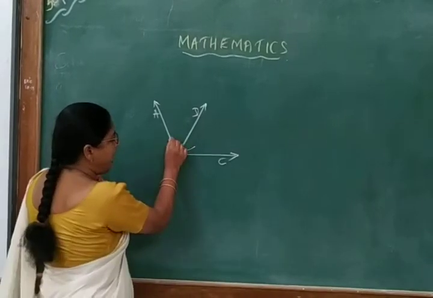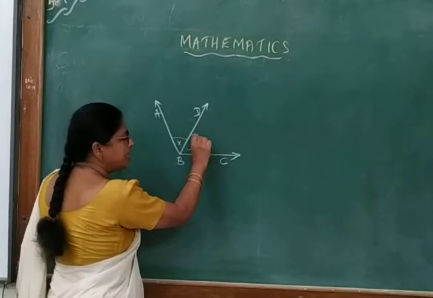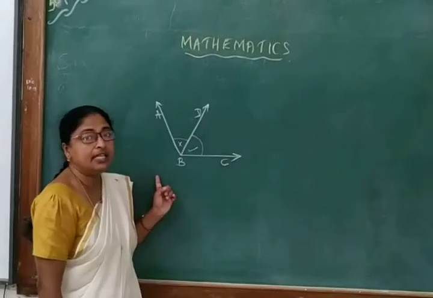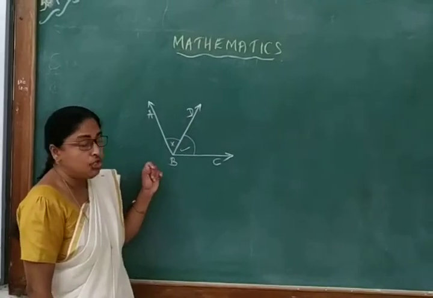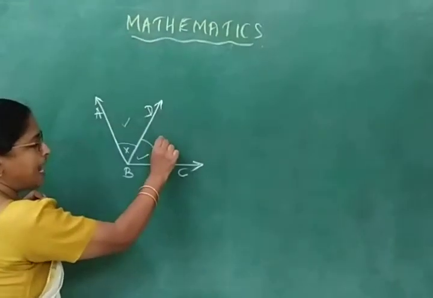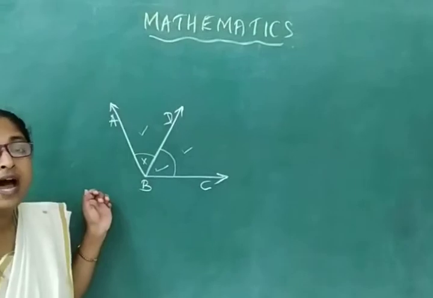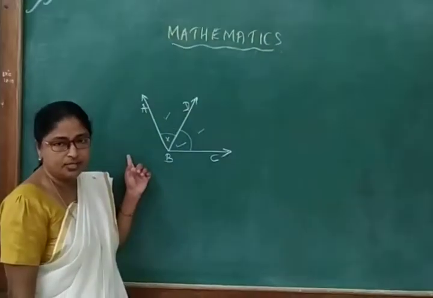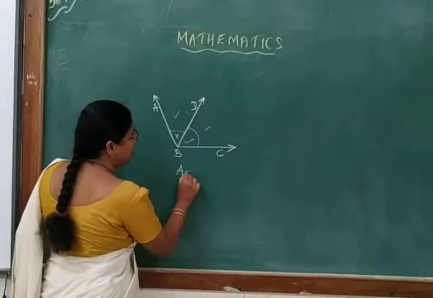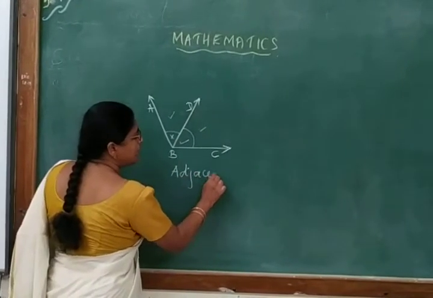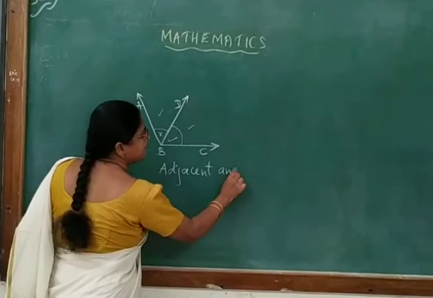But for angle ABD and angle BDC, there is a common arm BD. So these two angles are called adjacent angles.